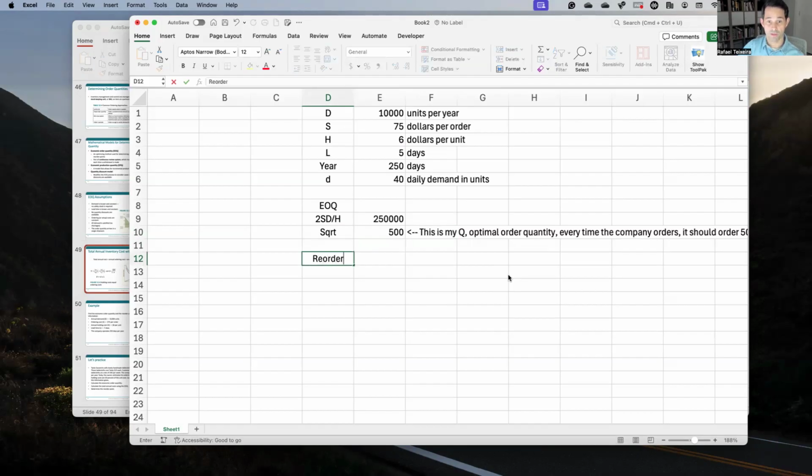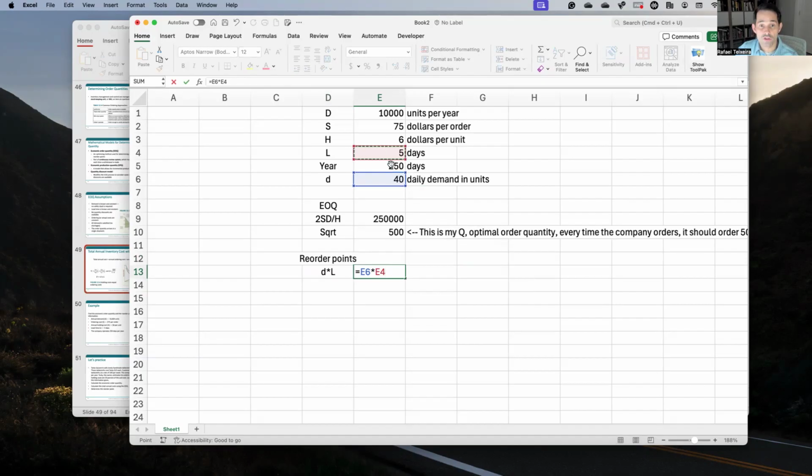The reorder point is telling us when we have to call the supplier and place the order. That's the reorder point. I'm going to show you after I get that. So the reorder point is lowercase d times L. This is equal to my daily demand in units times the number of days it takes to get the shipment.